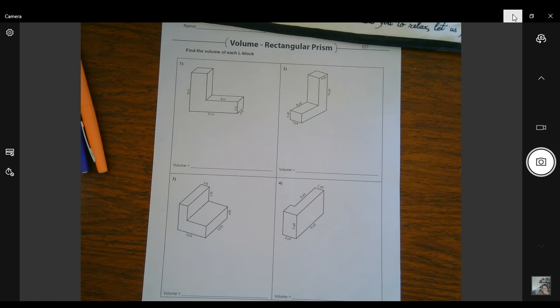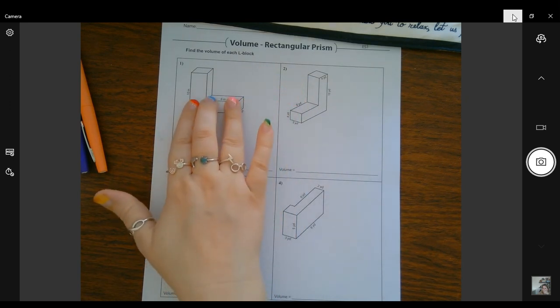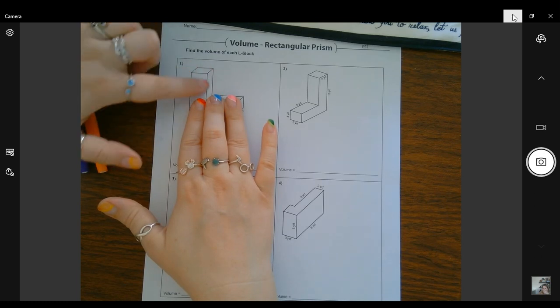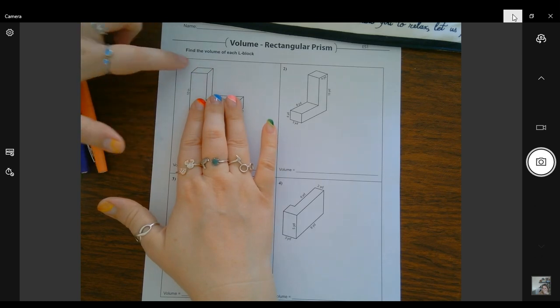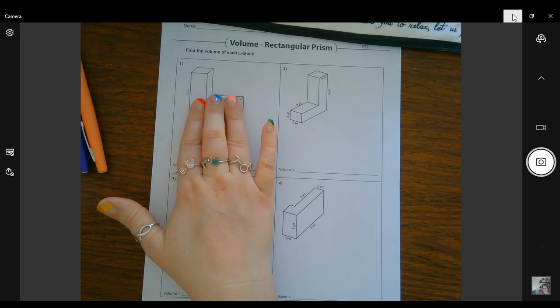Okay, so let's just imagine for a second that this bottom part wasn't here, and we just had this top guy. If you wanted to find the volume of this guy up here, it would be the area of the base times the height of the figure, right?